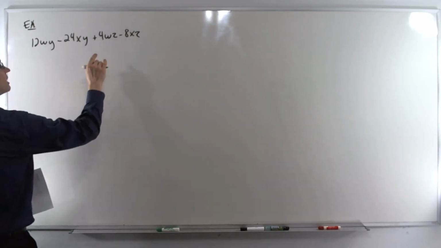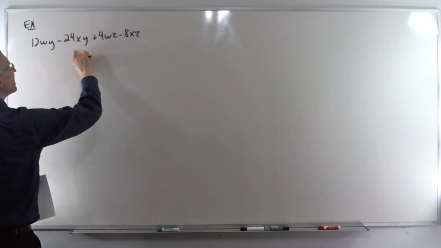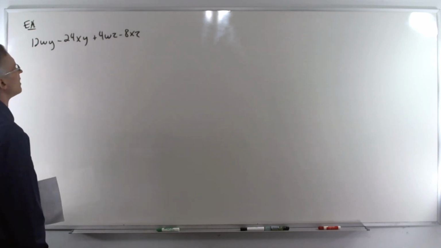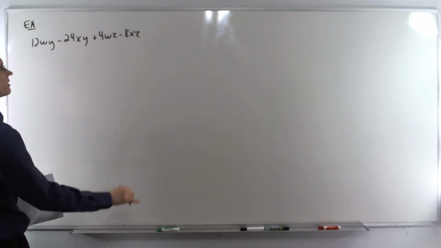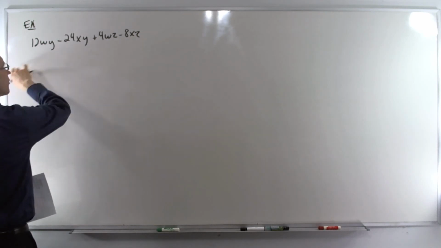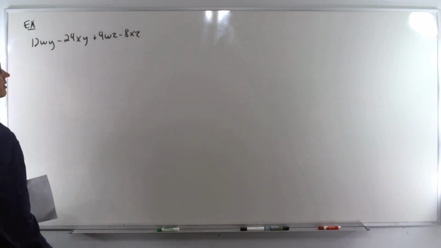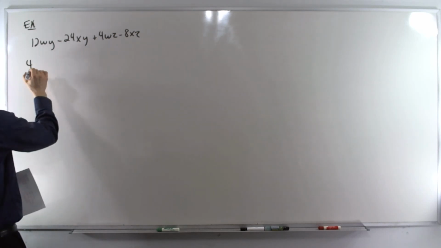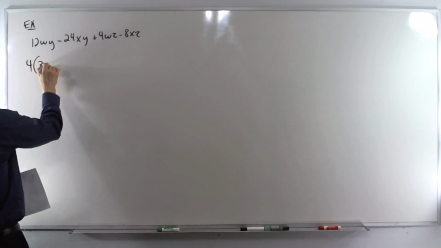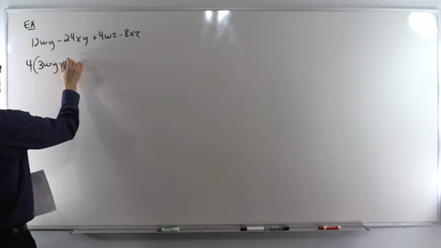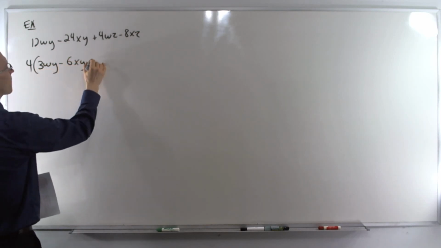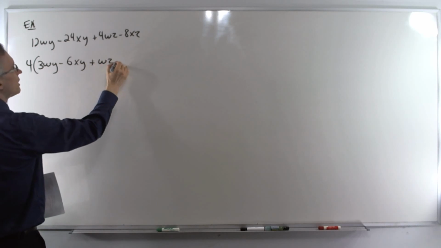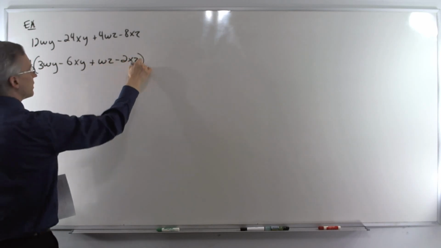In this case, you can't find a variable that's in all four of these. So we're only going to factor out a number here. We can factor out the GCF of 4. And that gives us 3wy minus 6xy plus wz minus 2xz.